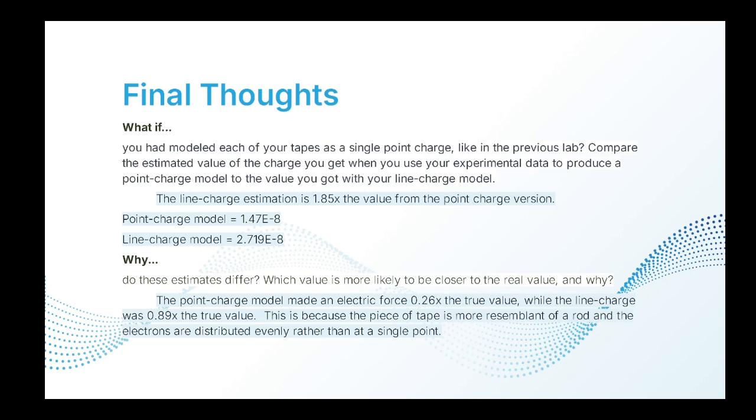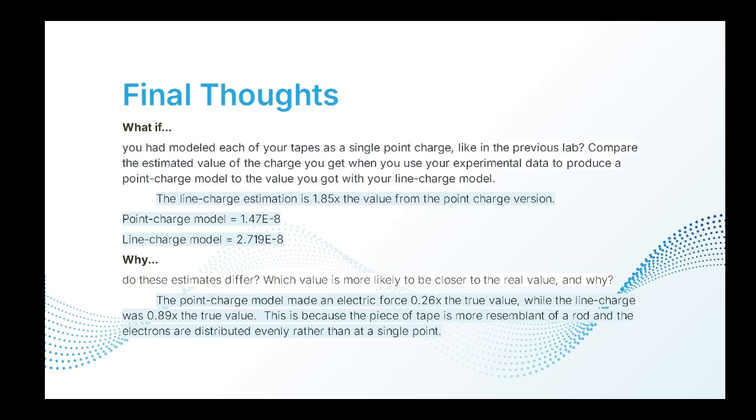So some final thoughts: what if we had modeled it just like a single point charge like last time? Comparing these two data, we got almost 2 times the value this time than the last time. 1.47 compared to 2.7, so 1.85 times the value. Why do these estimates differ? This is because the point charge model is not really similar to what the tape actually was.